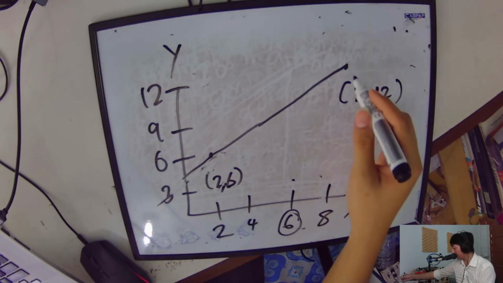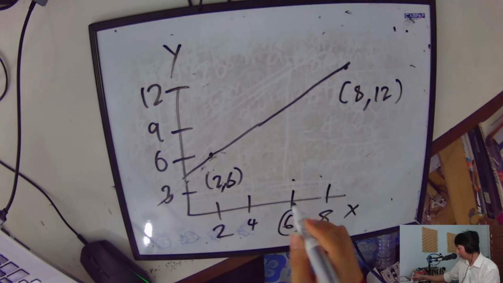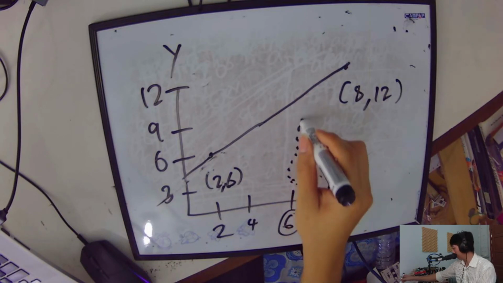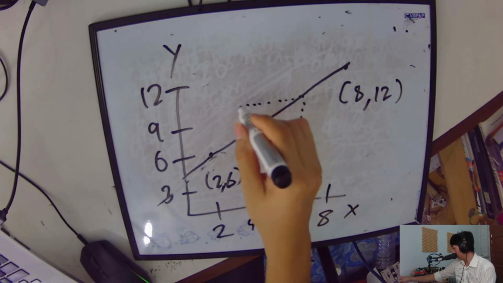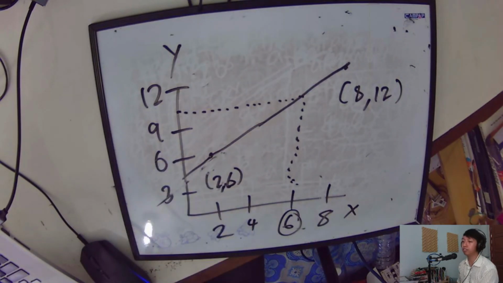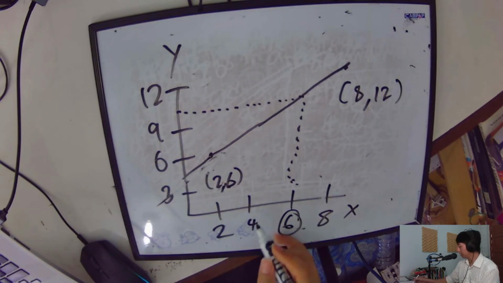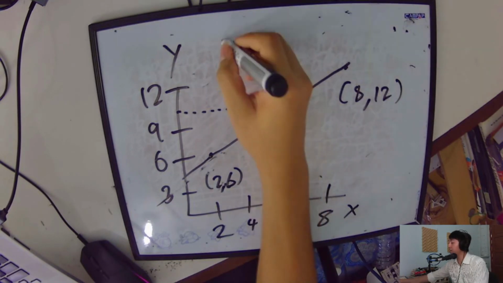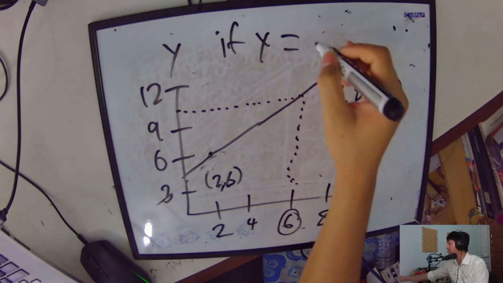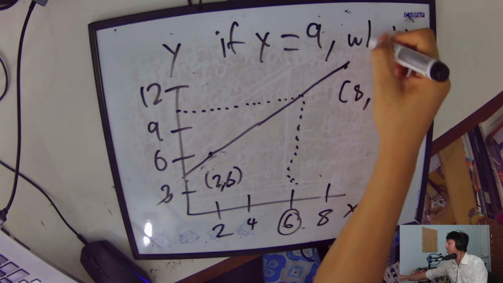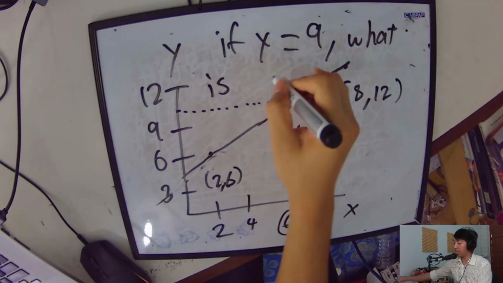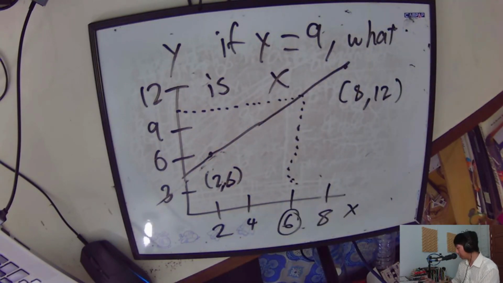So we use data yang kita sedia ada untuk buat anggaran berapa nilai Y. That's what we call interpolation. Ataupun kamu mungkin kena suruh, if Y equals 9, what is the value of X? Pun sama juga cara yang sama.